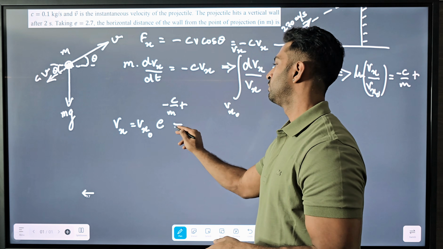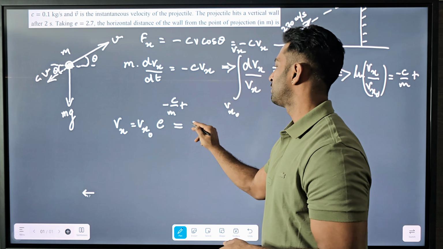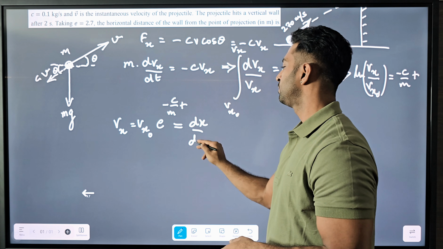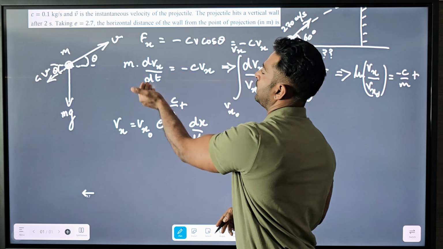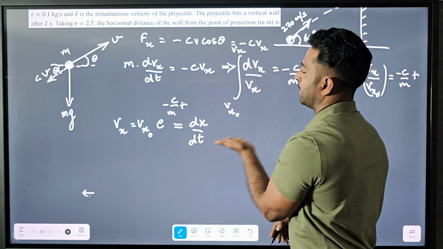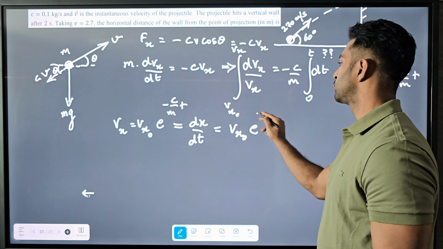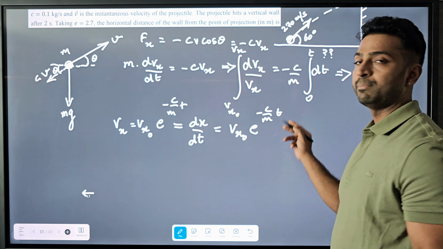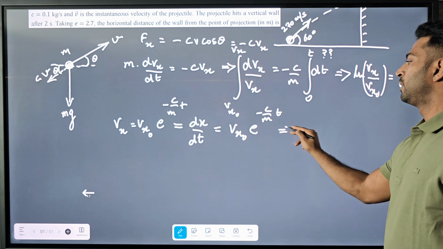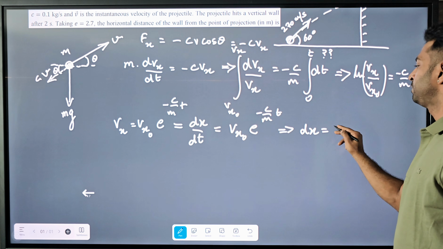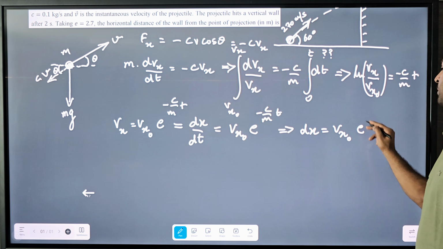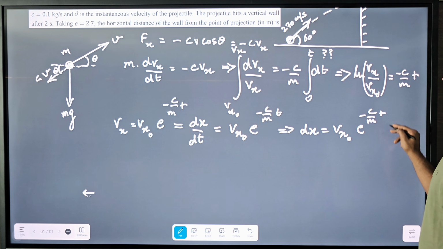So we write this Vx itself as dx by dt. I integrated acceleration to get velocity; now I integrate velocity to get the x coordinate, with Vx naught e raised to the power minus c by m times t, times dt. After this, it's basic mathematics.